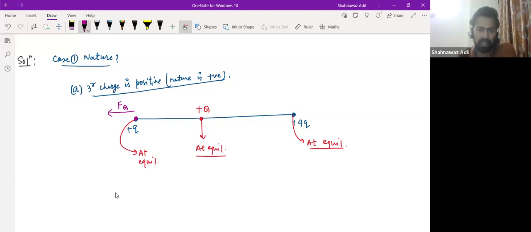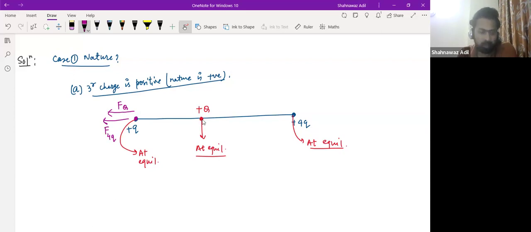It's repulsive, right? So right or left? Right, towards this one. So this is repelling this plus Q charge. So this is the direction, F4Q. Okay, this one is done.